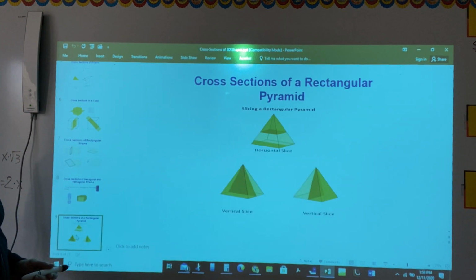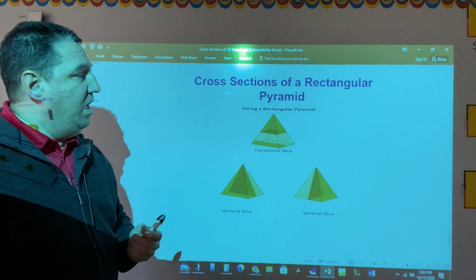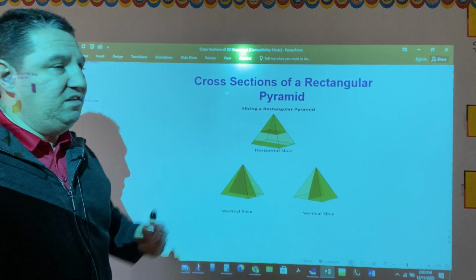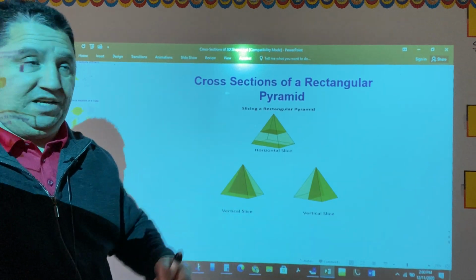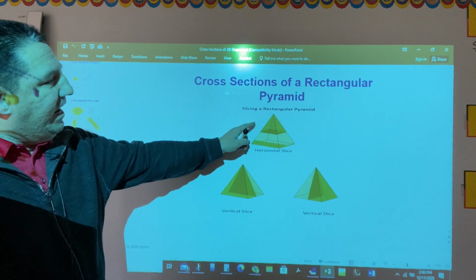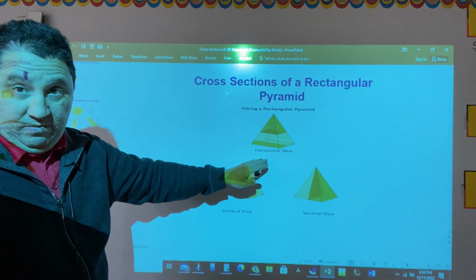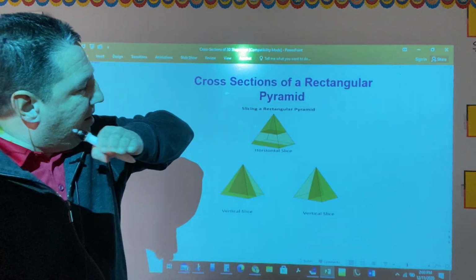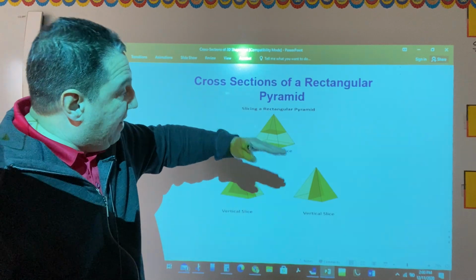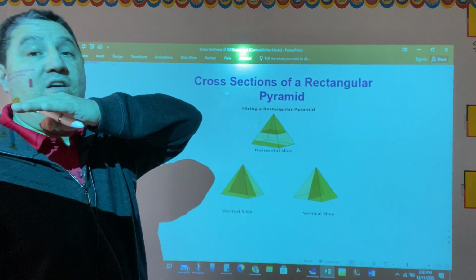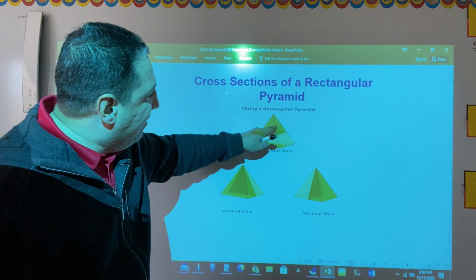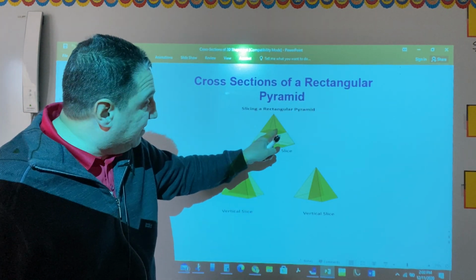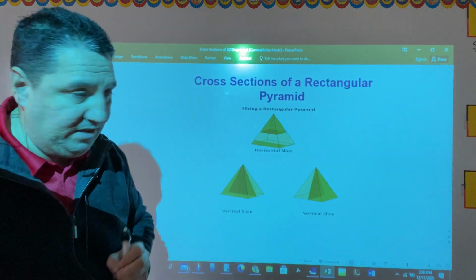Pyramids. I prepared for you a few cases of pyramids and their cross sections. For example, for a rectangular pyramid, if we cut this pyramid by a plane parallel to the base, if we cut horizontally, the resulting shape would be a rectangle, the same as the shape of the base.